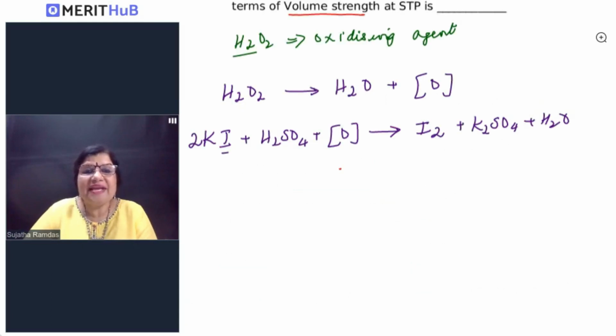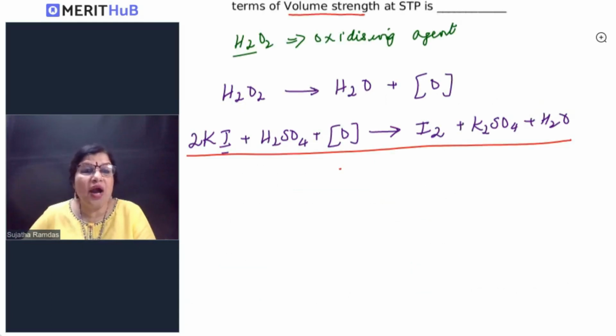Now let's add up these two half equations. This is the reduction half equation, and the second one, where oxygen is gained, is the oxidation half equation. We can easily cancel both the oxygens. So what is the final equation?